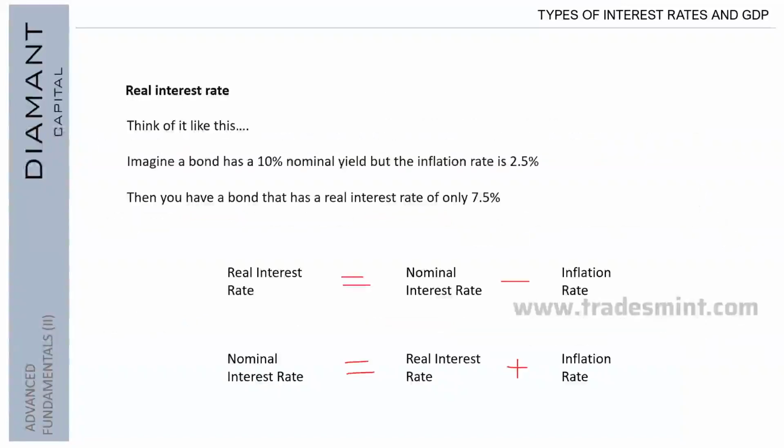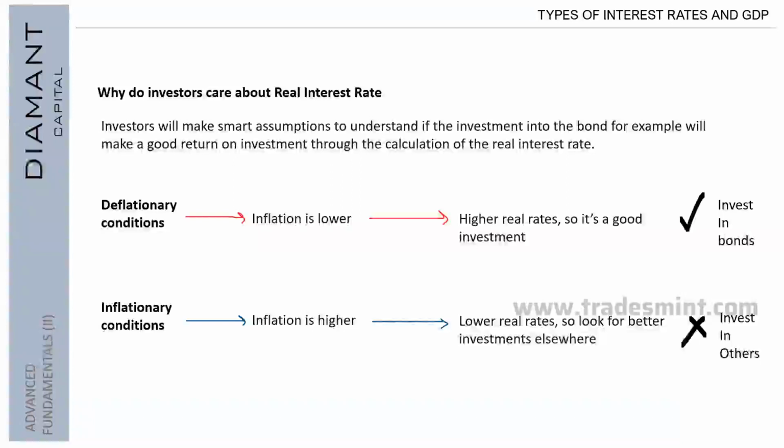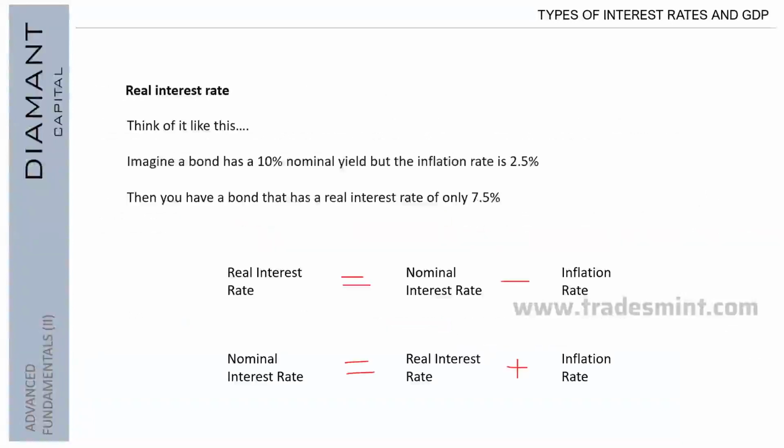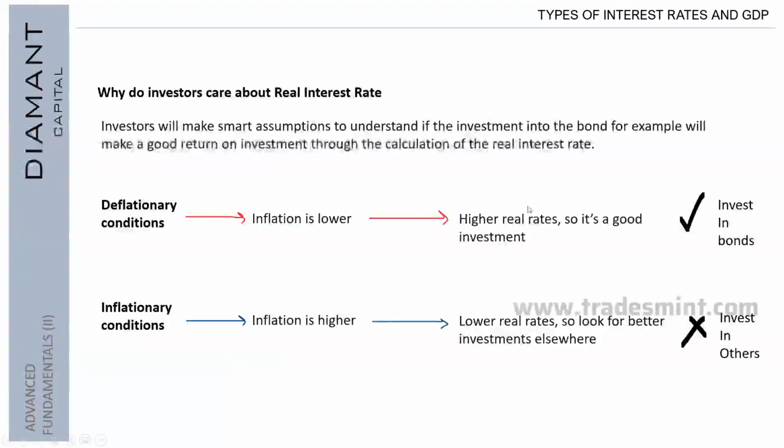Let's look back at this equation. If inflation is lower and you're calculating the real interest rate, let's keep this standard, that means you're going to have a higher real interest rate. Therefore, it's good to invest in that bond.